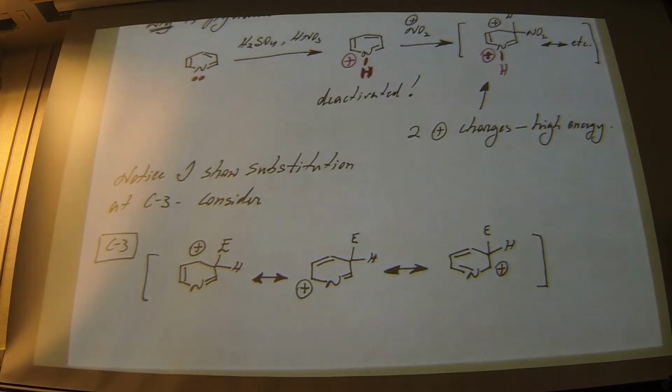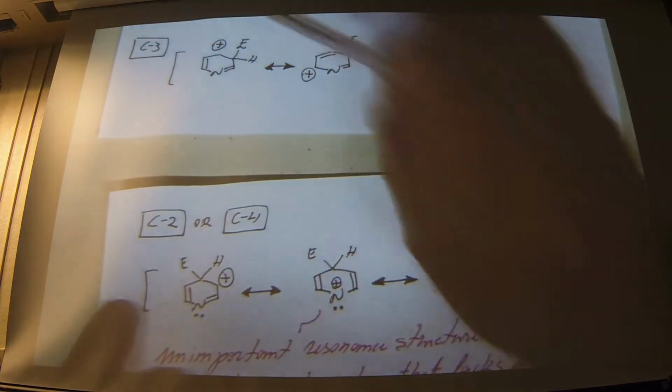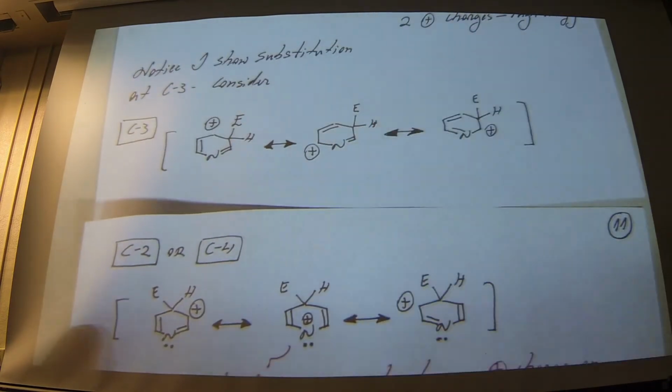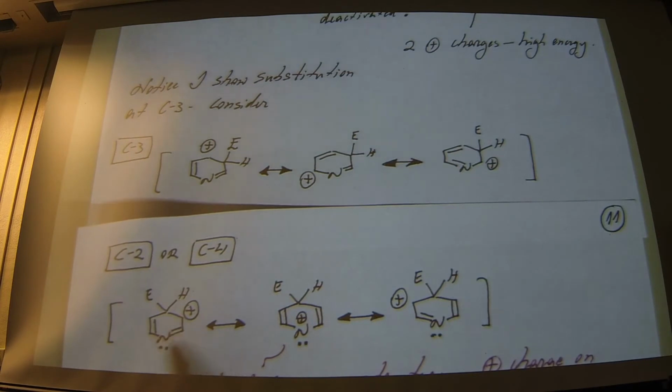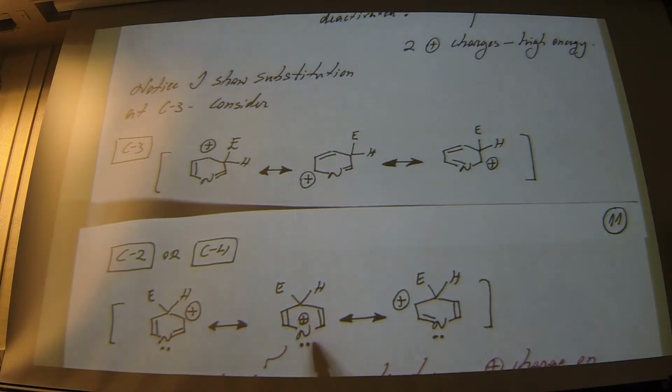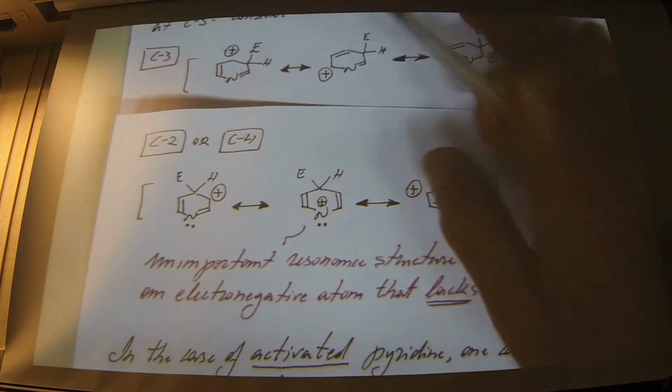On the other hand, I still get three resonance structures for substitution at C2 or C4. C2 and C4 are going to be equivalent; I'm just showing C4. So I still get three. However, this one is going to be absolutely lousy, which means that it doesn't contribute overall to the structure.